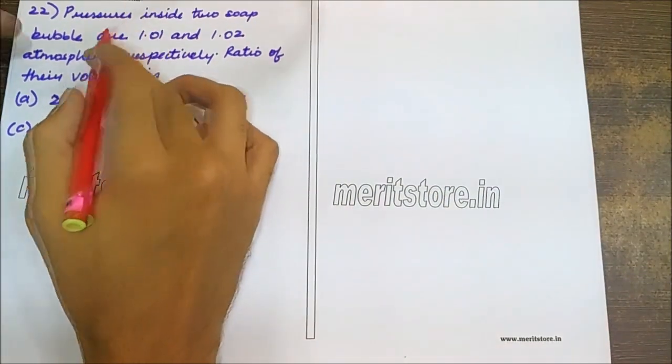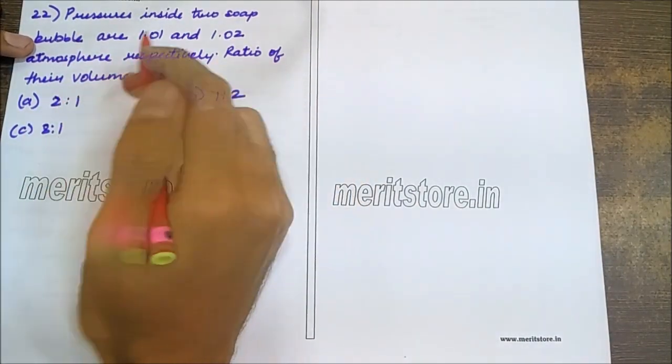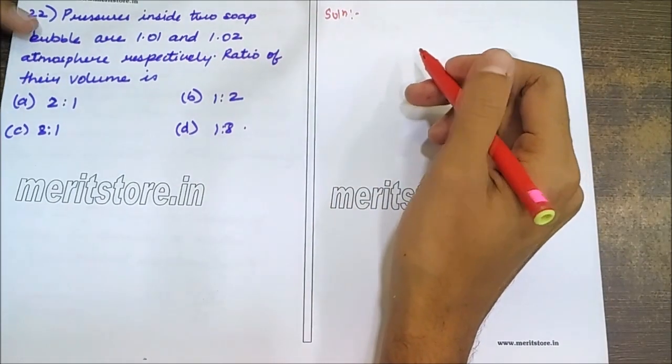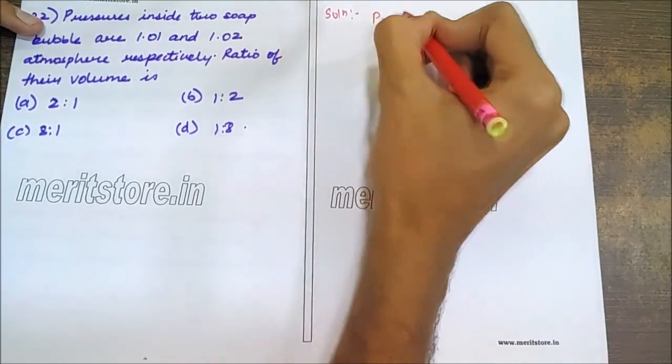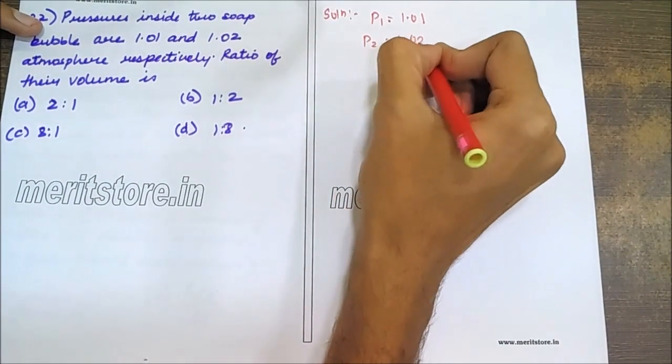The pressures inside two soap bubbles are 1.01 and 1.02 atmosphere respectively. The ratio of their volumes is. So here the pressure is given, we need to find the ratio of their volumes. Pressure inside one is 1.01 and pressure inside two is 1.02.